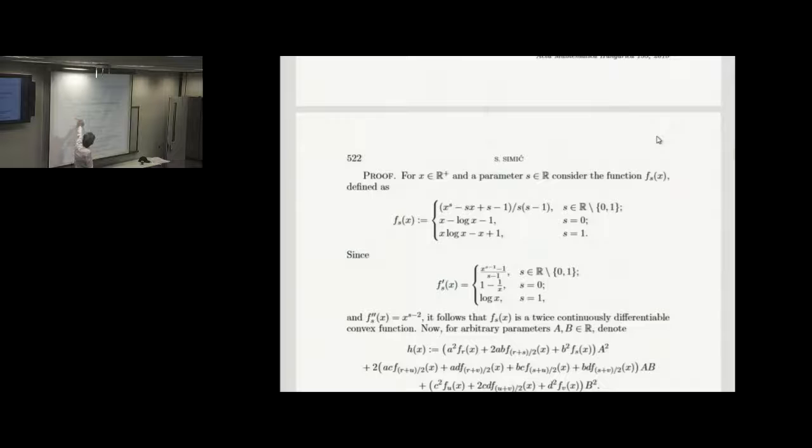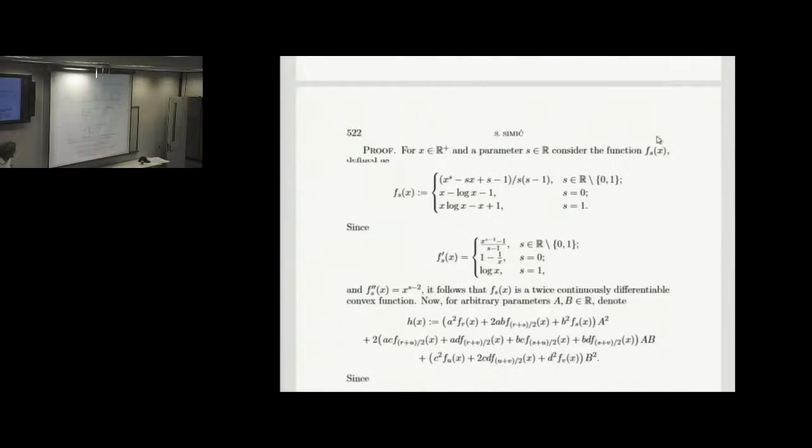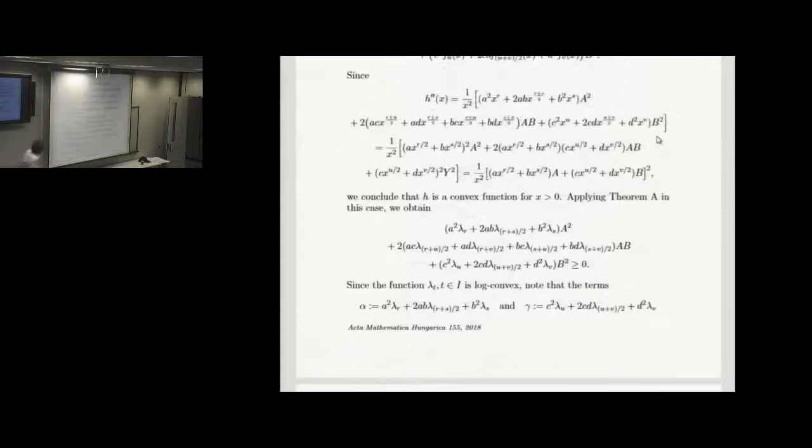We took this auxiliary function, and for this function, we make all the calculations there. The main lemma. Okay, it is not important anymore, but now we are going to the application of this.